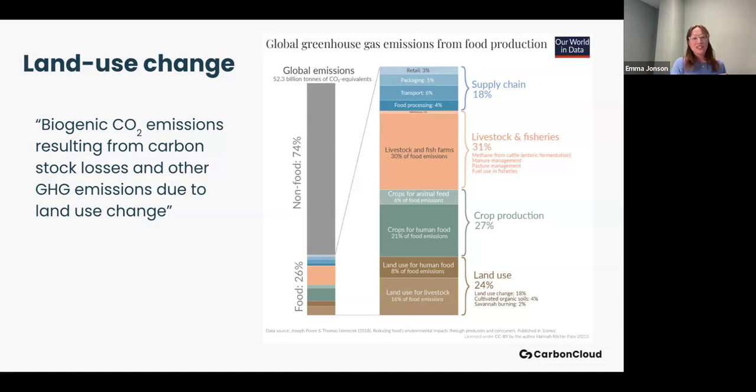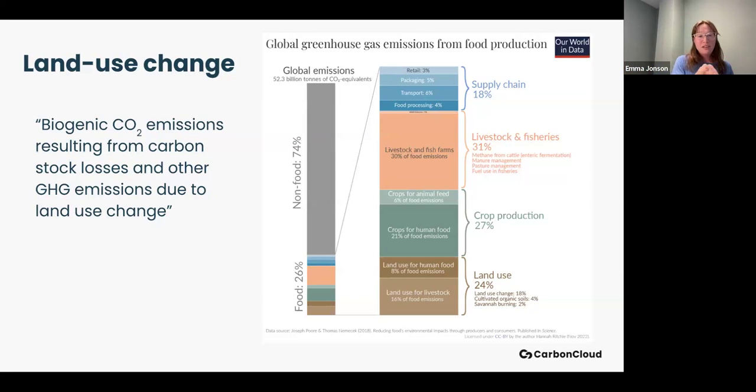So if you convert the forest to cropland, most of that carbon in that carbon stock is lost and ultimately emitted to the atmosphere. So that is what we mean by a carbon stock loss.